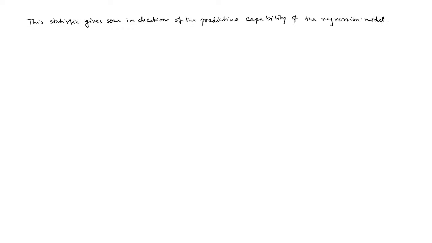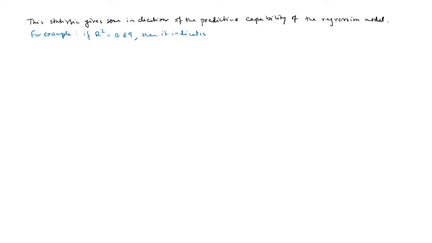For example, suppose your R square is equal to 0.89, where R square here is R square prediction.